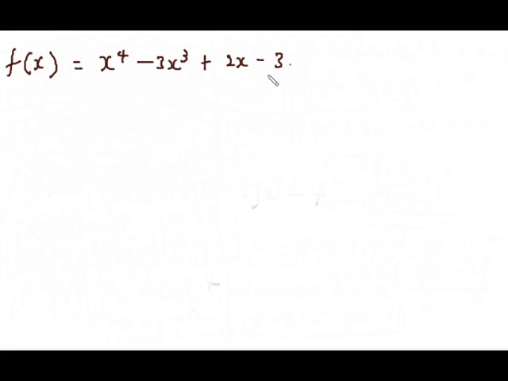So we need to fill it up if we want to analyze by nesting. So this is f of x equal to x raised to the power of 4 minus 3x cubed plus 0x squared. So it still means the same thing as this one, so plus 2x minus 3.